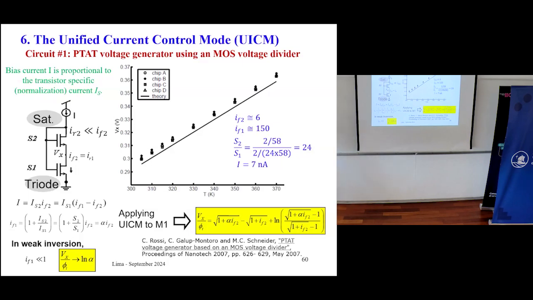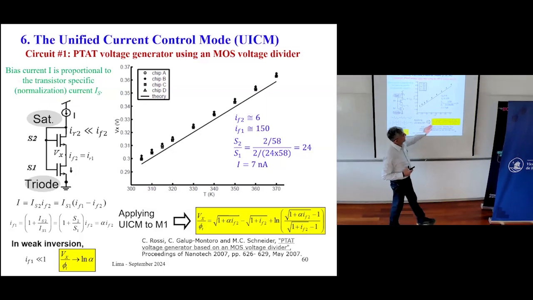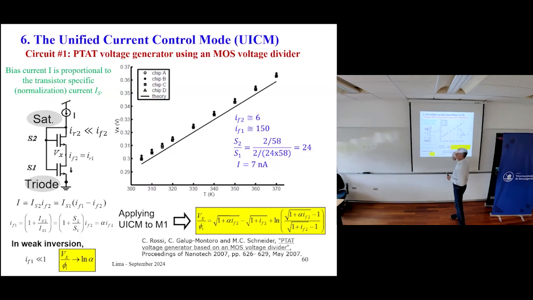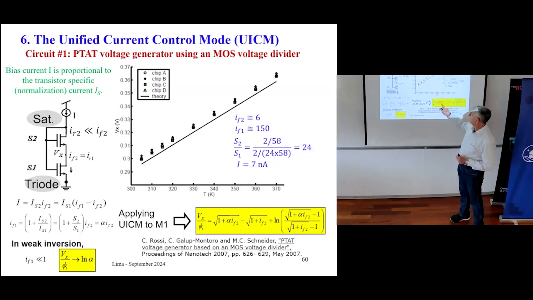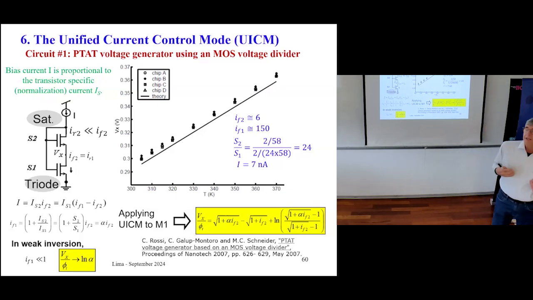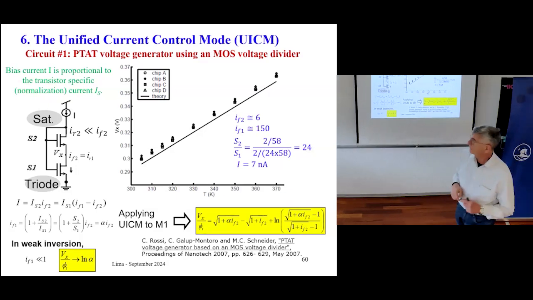But we have a different interpretation of this formula because we are able to build a circuit in which IF2 is what we call the generator of a specific current.